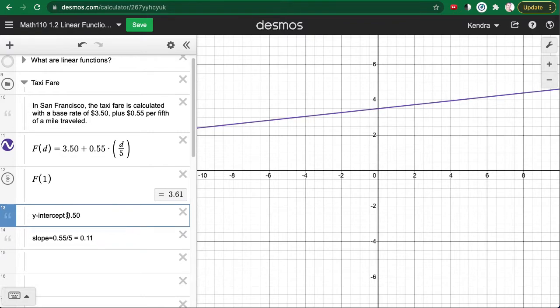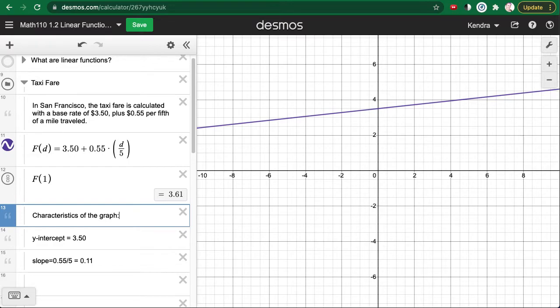Okay, now these are characteristics of the graph. And I want to talk about not characteristics of the graph, but what do these numbers mean in the context of where we got this model from?